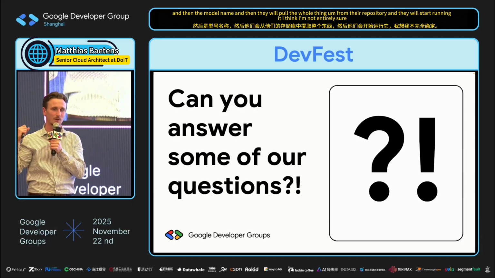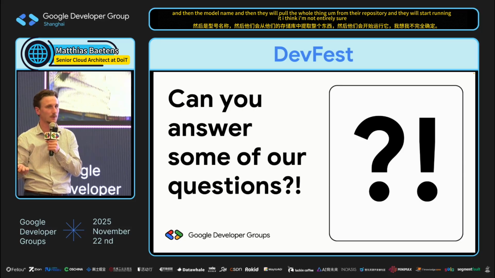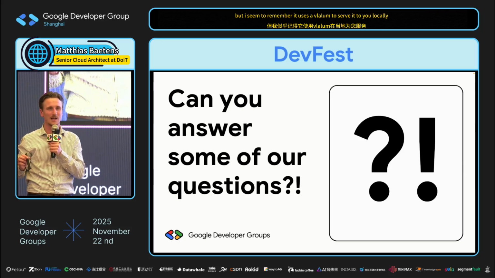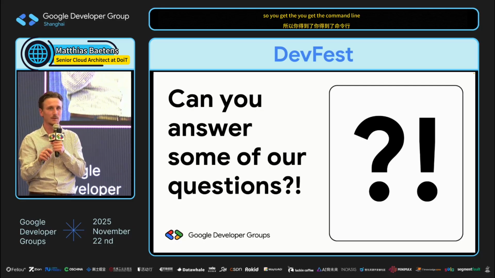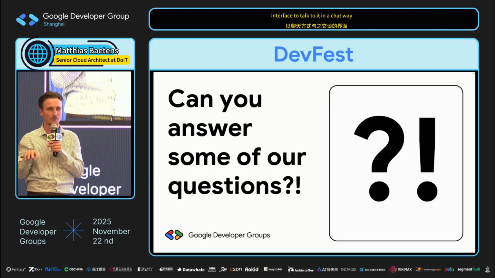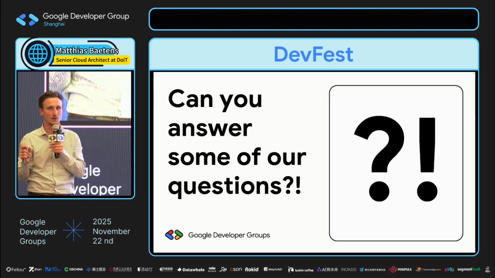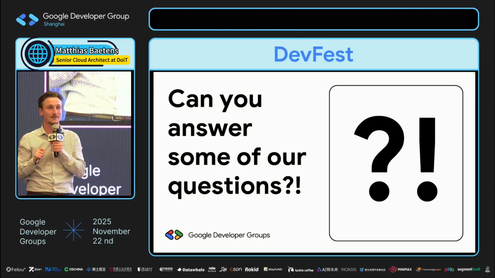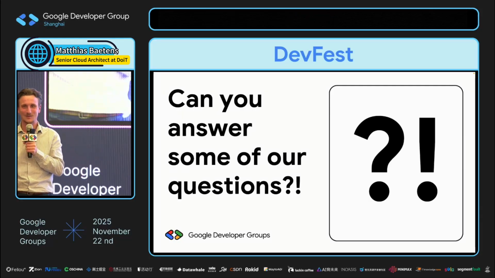And then it will pull the whole thing from their repository and it will start running it. I think, I'm not entirely sure, but I seem to remember it uses vLLM to serve it to you locally. So you get the command line interface to talk to it in a chat way, but you also can point your API to it and then talk to it programmatically. Okay, thank you very much.